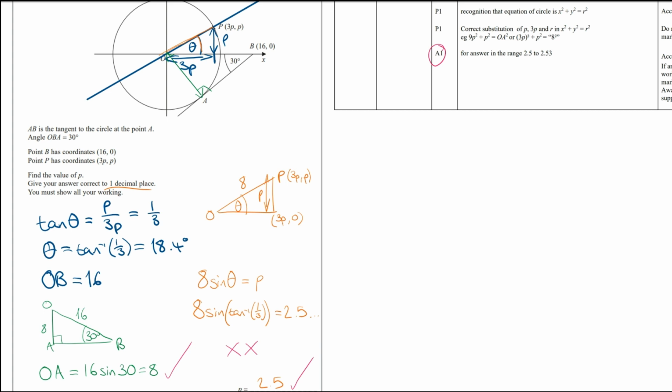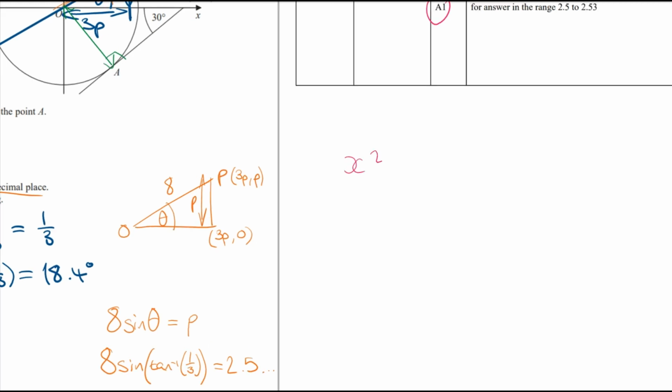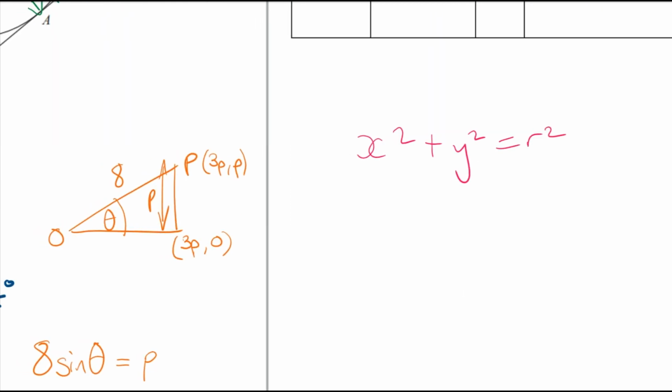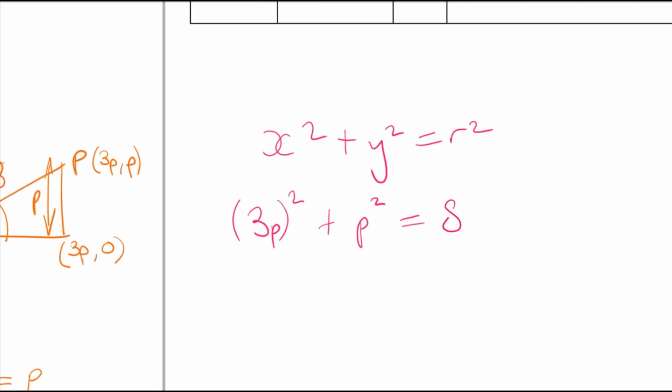But just so everyone knows the mark scheme method, I'll run through it. As we just saw, the equation for a circle is x squared plus y squared equals r squared. In this case you can also see it's Pythagoras' theorem. So we would have the x value of 3p, all in brackets squared, plus p, the y value, squared, equals 8 squared, because that's our radius, OA.